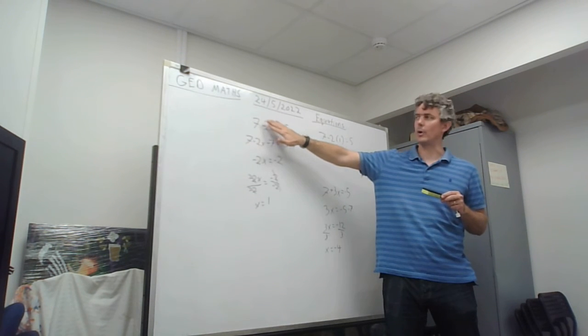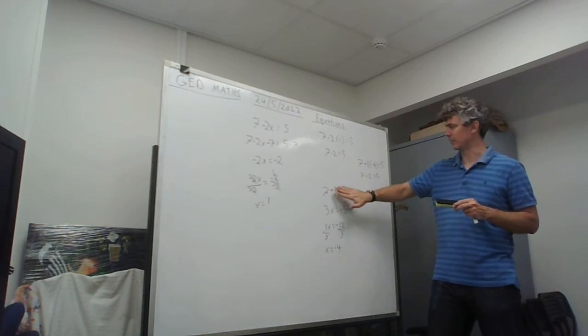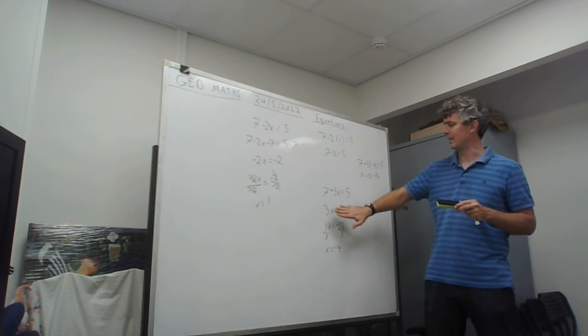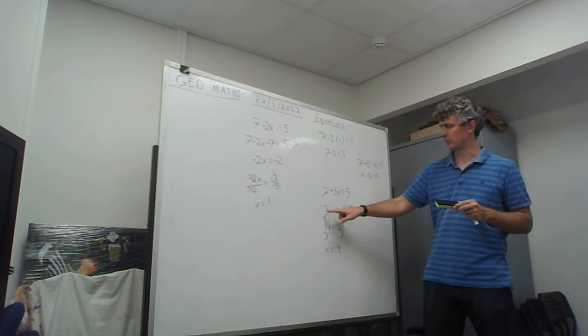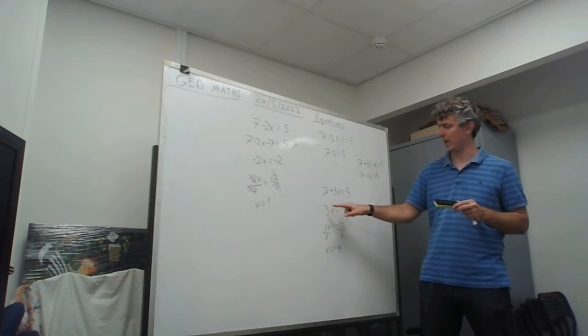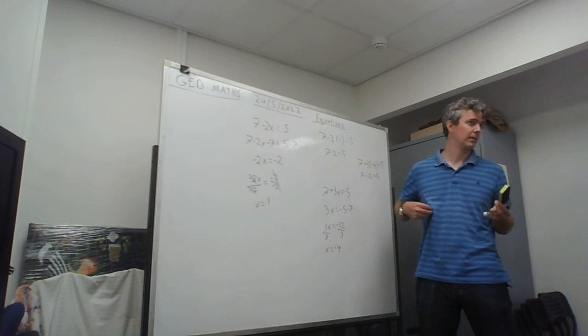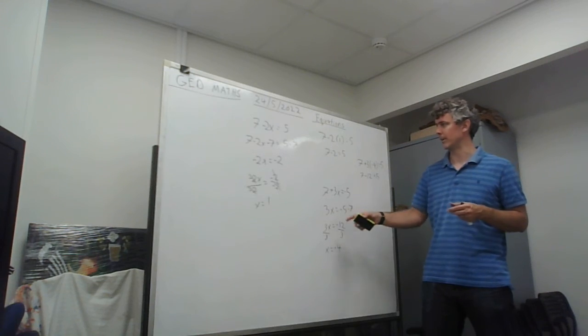Here I have to get rid of the 7, so I subtract the 7. Here also I have to get rid of the 7, so I subtract the 7. And once I have the term, which includes its coefficient, by itself, then I want just the variable. So how do I get rid of the coefficient? I multiply or divide.